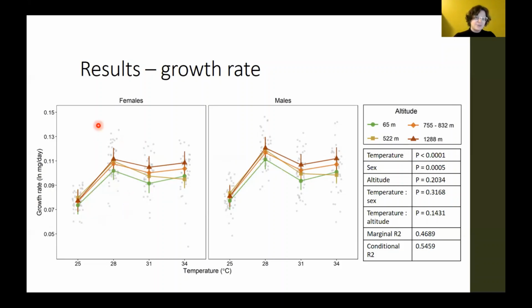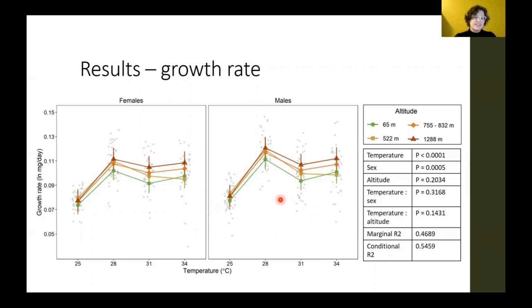But the fact that there is so much variation, which is for quite a large part explained by the effects of family, I think is really cool, and it also shows that there is potential for these larvae to adapt in the light of climate change.